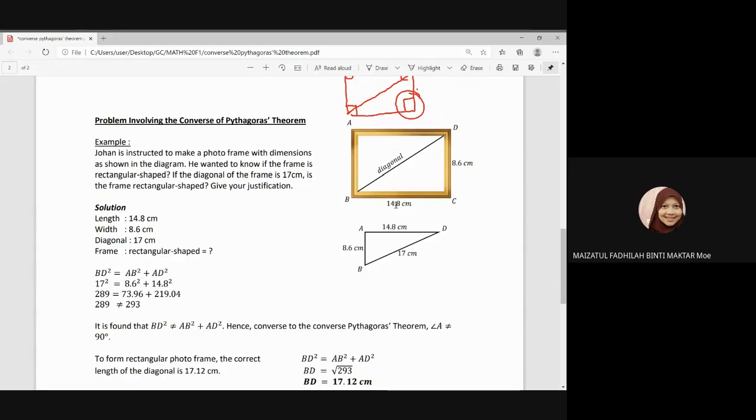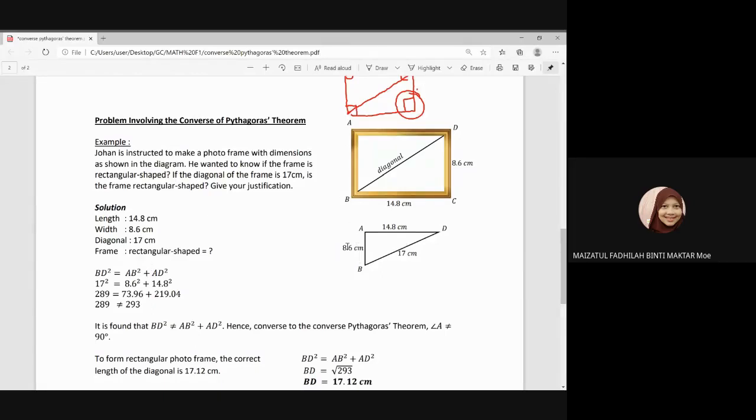So you need to add both sides here, but don't forget to square each side. Right, so BD square equals AB square, right, we assume like this one. I just take out the measurements of a triangle to determine. Okay, plus AD square.